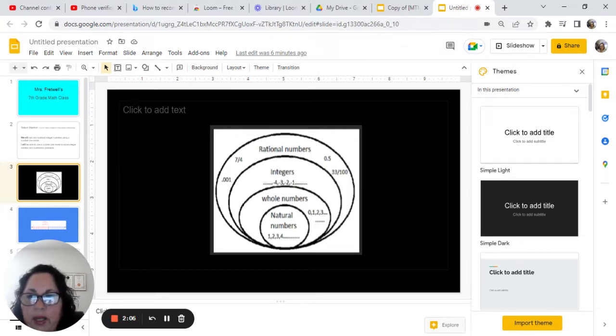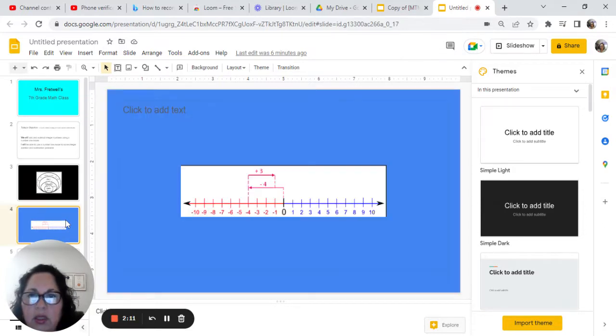So what I'd like for you to do in your notebooks is make a copy of this number line. You don't have to put anything at the positive 3 or the negative 4, but I want your number line to be very similar, where it starts at 0 and on the positive side goes to 10 and on the negative side goes to negative 10. I'm going to give you a few moments to get that done.